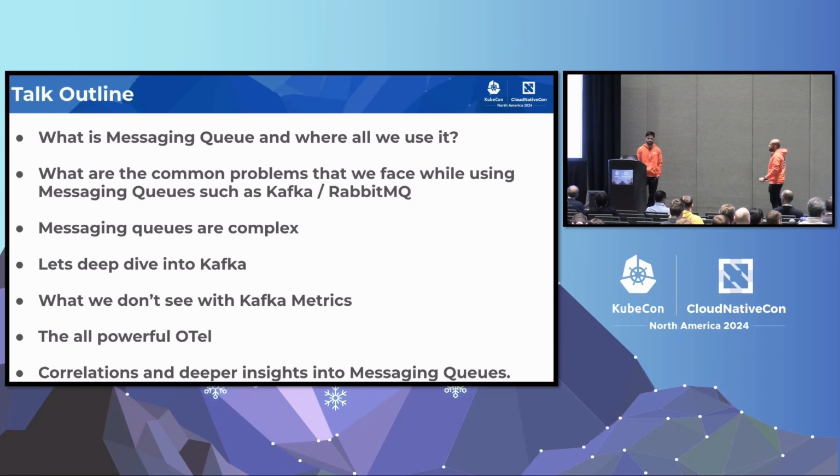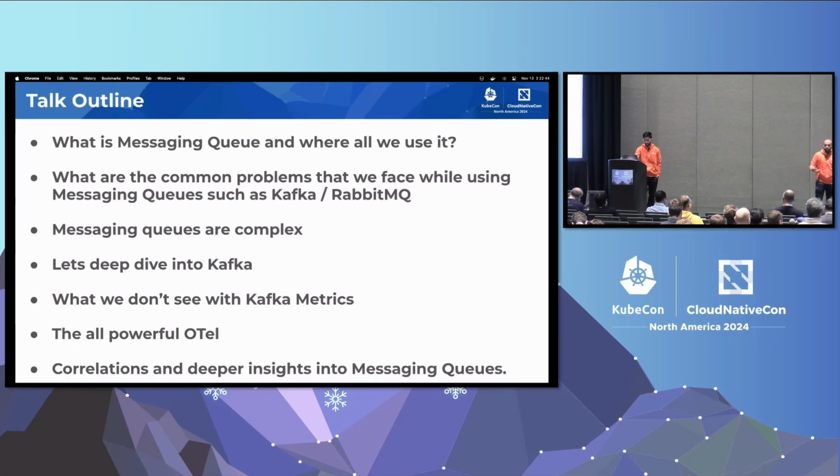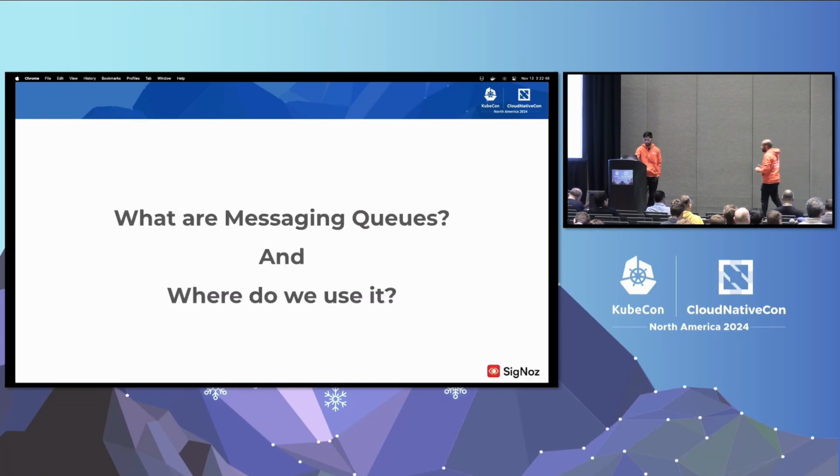We will deep dive into one of the messaging queues, which is one of my favorites but not a part of the CNCF landscape, which is Kafka, and what we do not see with the Kafka metrics. Although Kafka exposes a lot of metrics, we do not get a lot of actual insights from them.